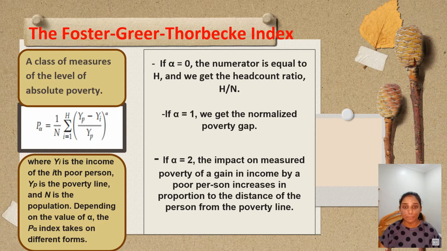For example, raising the income of a person from a household living at half the per capita poverty line by say 1 penny per day will have 5 times the impact on poverty reduction as raising by the same amount the income of the person living at 90% of the poverty line.